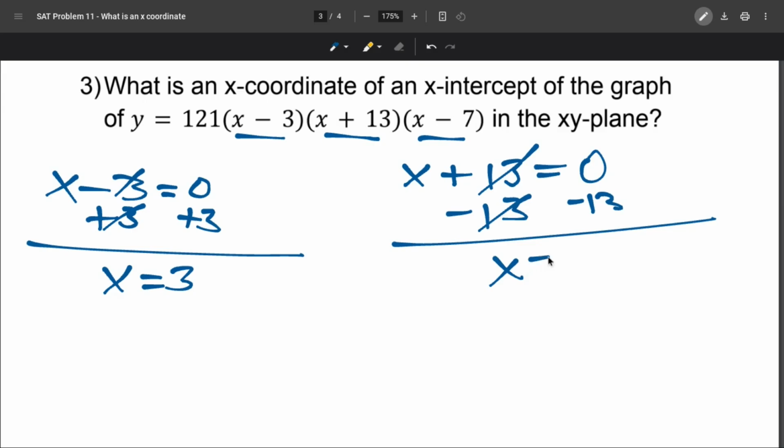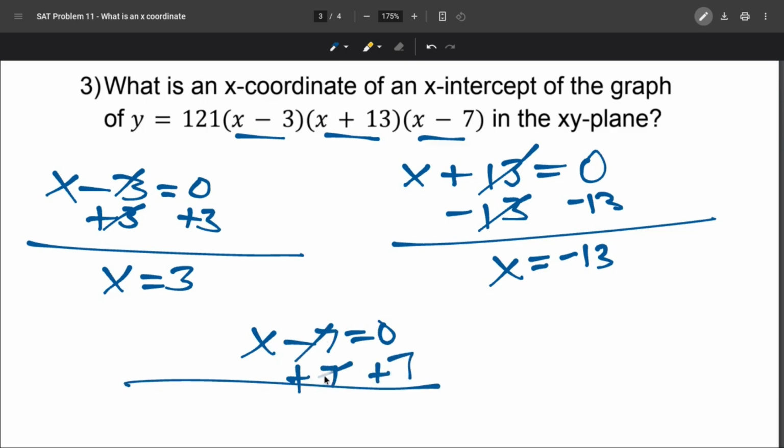X equals negative 13. And this one set x minus 7 equal to 0. Add 7 to both sides. And you get x equals 7 is the other potential solution, or is the other solution.